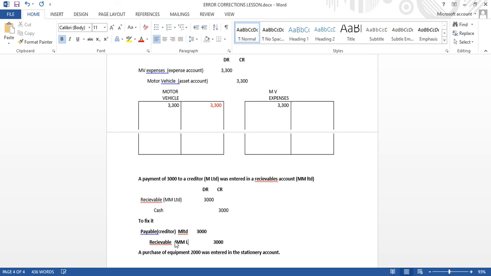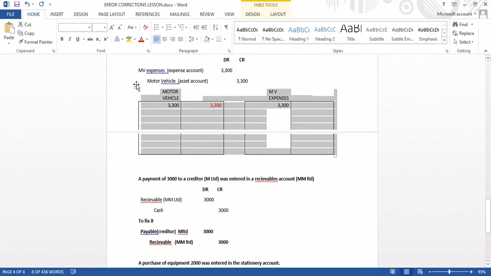We just put the T accounts so that we see how the accounts work.